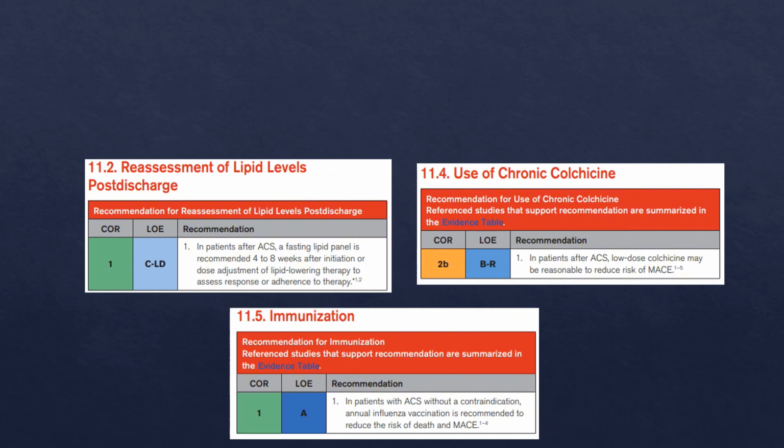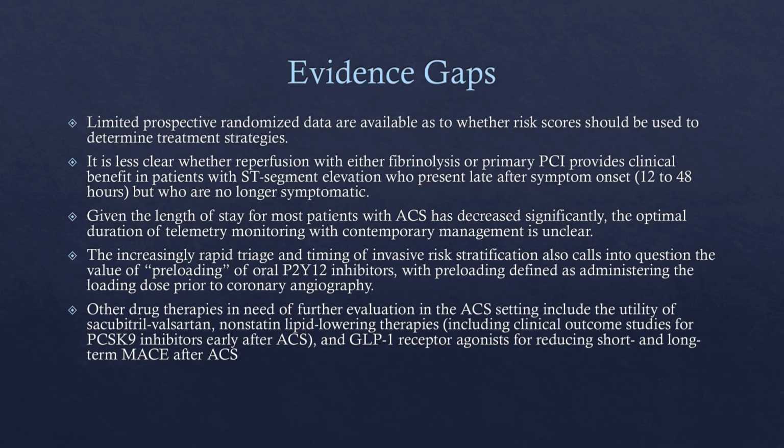There are some gaps in evidence, like the risk scores that need more data, and what is the effectiveness of fibrinolysis or primary PCI in stable patients who are symptom free 12 to 48 hours after ST elevation MI. It also does not tell us how frequent the telemetry monitoring should be done in patients with ACS.